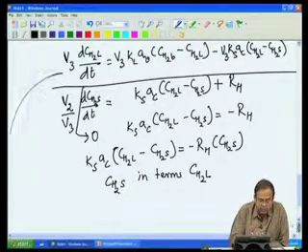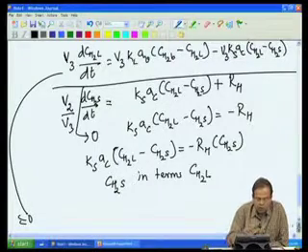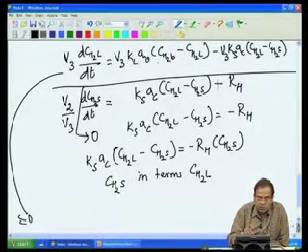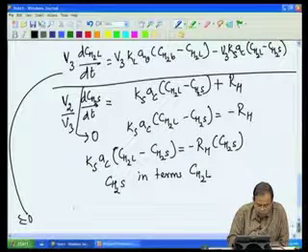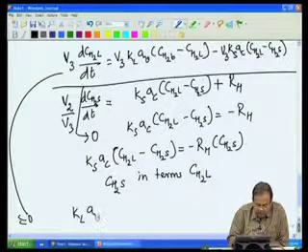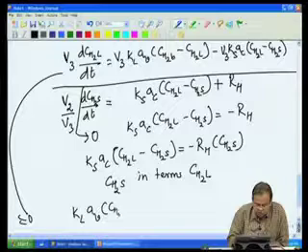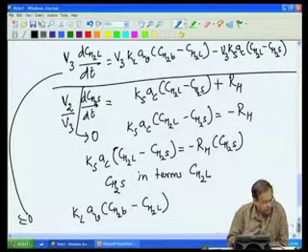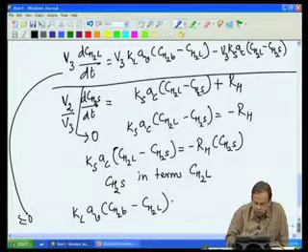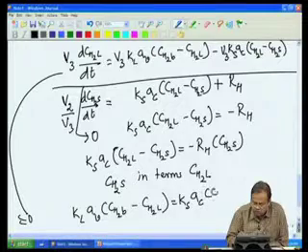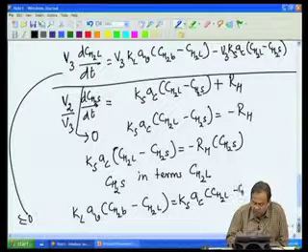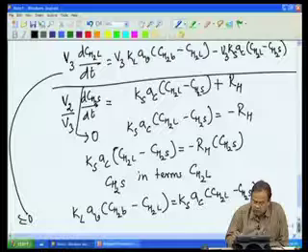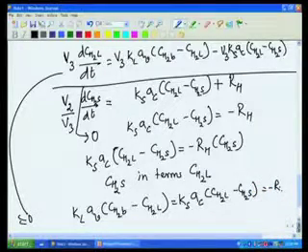If we set this term equal to 0, then from the mass balance equation on bulk hydrogen, we get KL AV into (CH2 bulk minus CH2L) equal to Ks AC into (CH2L minus CH2S) equal to minus RH.